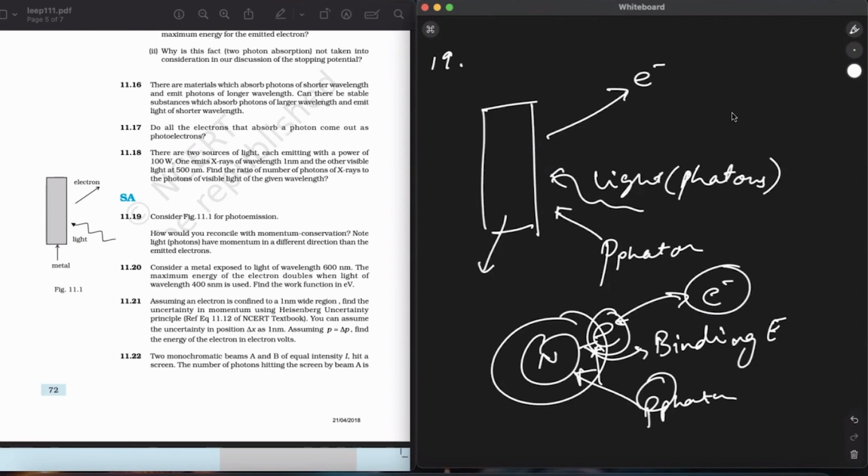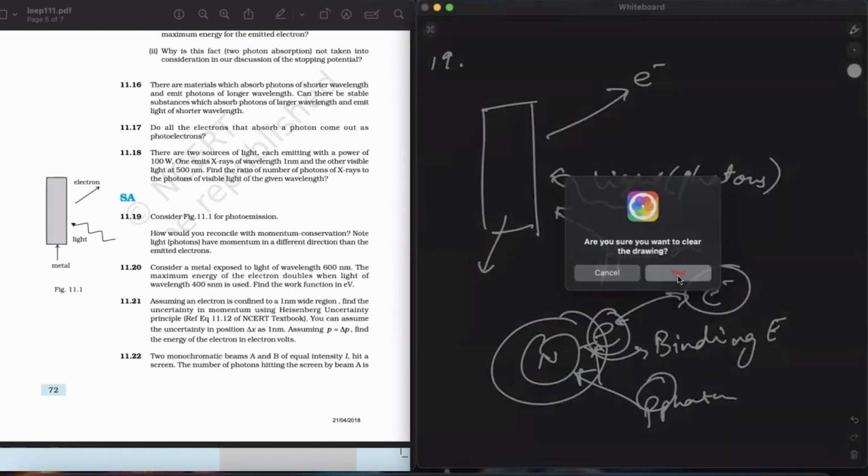Therefore, momentum is conserved in this case, as the momentum of the incident photon has been transferred to the nucleus and also to the electron. So the momentum conservation theorem is valid for this as well.